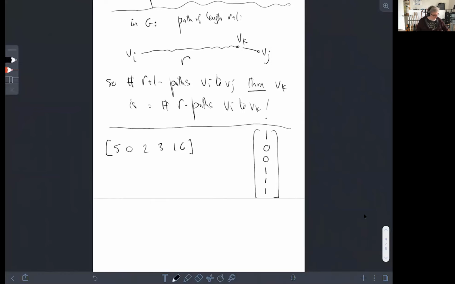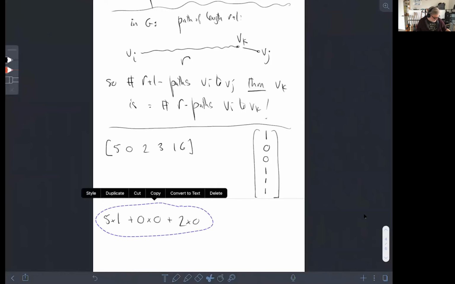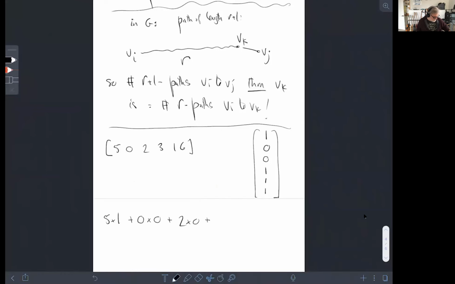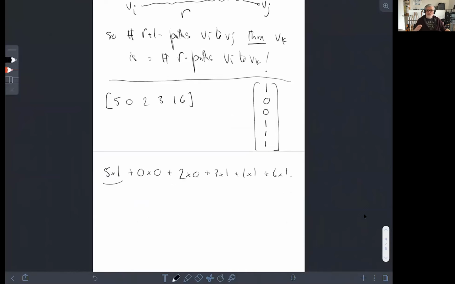So when I'm multiplying, I'm going to get 5 times 1 plus 0 times 0 plus 2 times 0 plus 3 times 1 plus 1 times 1 plus 6 times 1. Okay, so this is the number of paths going through V1.